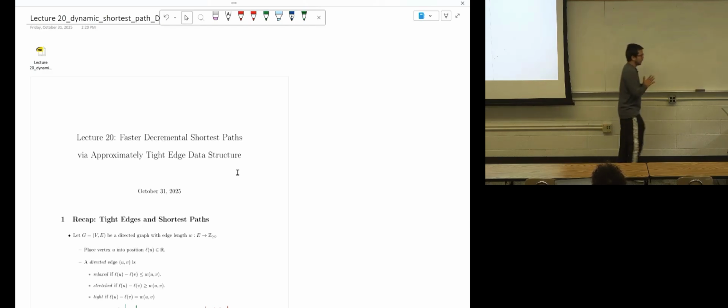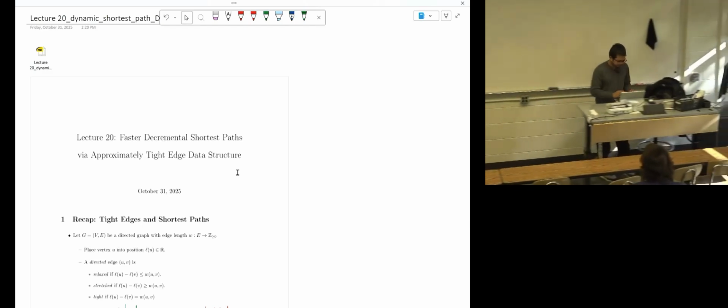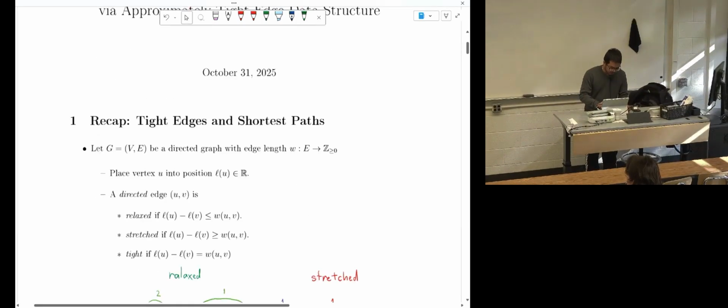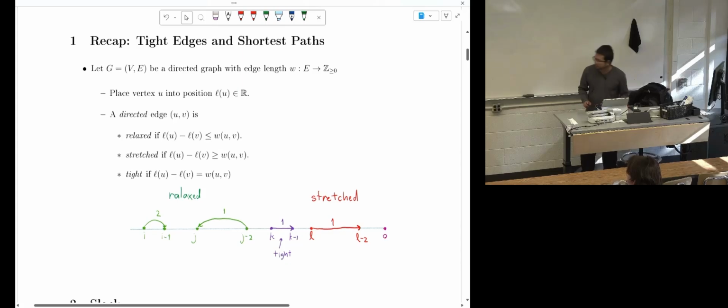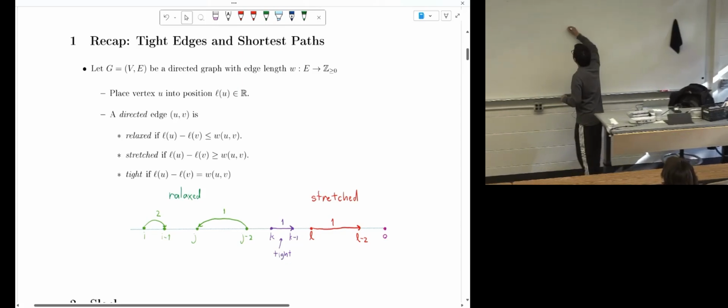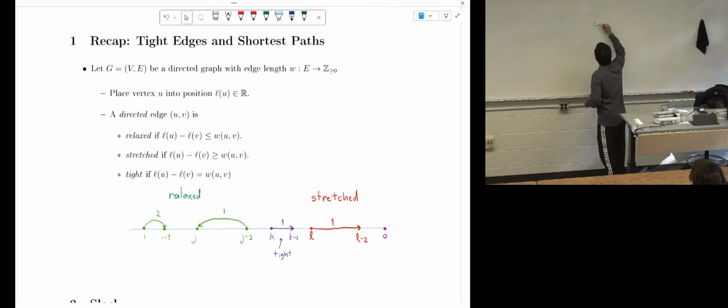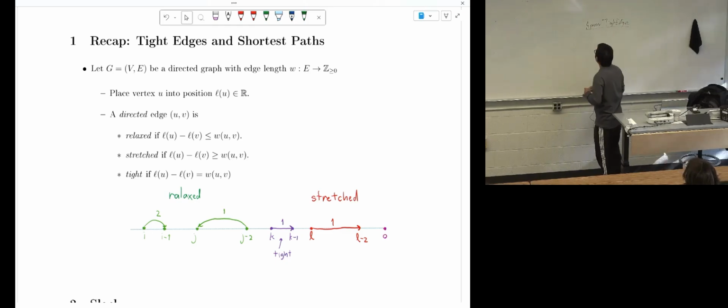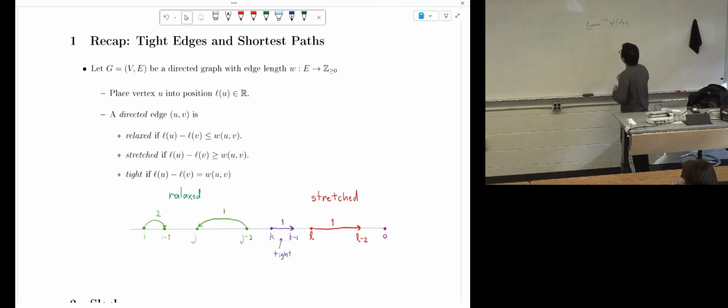Okay. So the part that is updated is about the Approx TightEdge data structure only. And how is this updated?